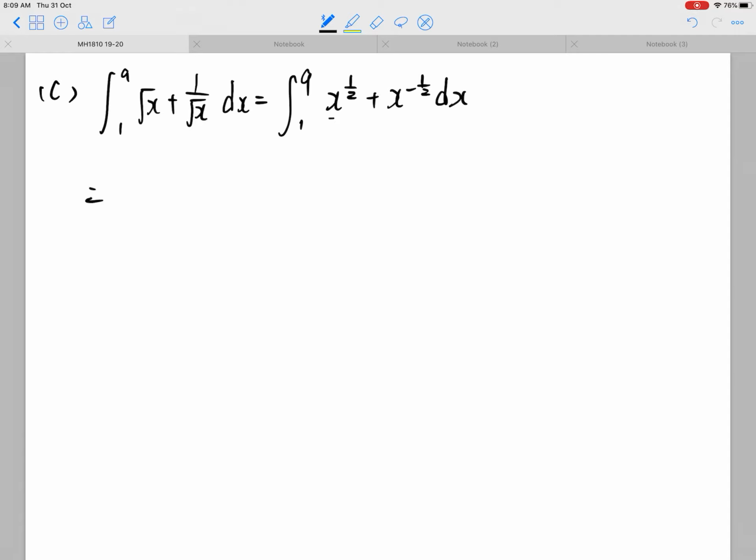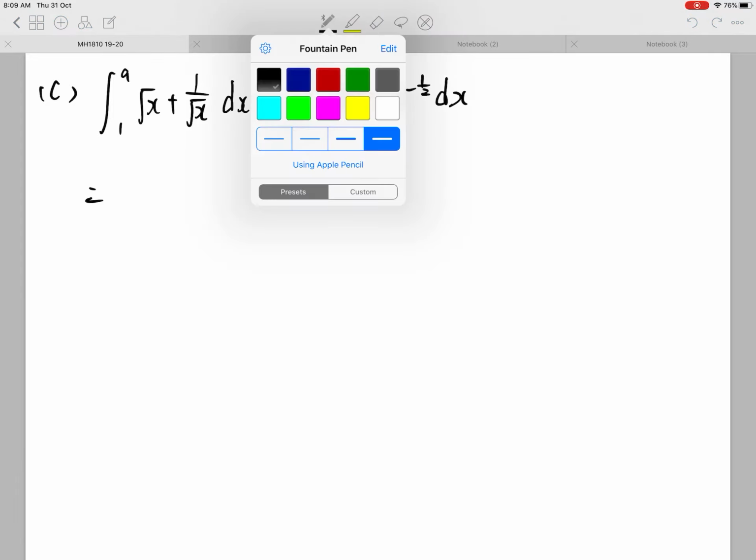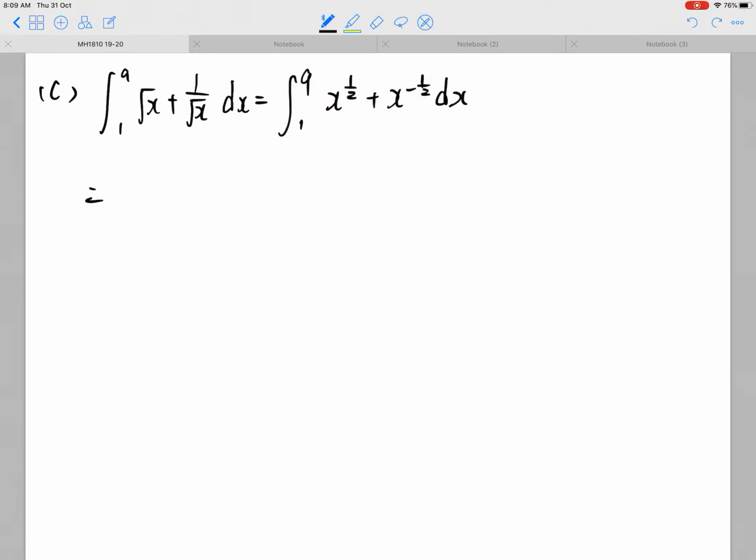So then x to the power of half, the integration is x to the power of 3 over 2 times 2 over 3. Right? And this part, the integration should be x to the power of half times 2. Right? For x from 1 to 9.